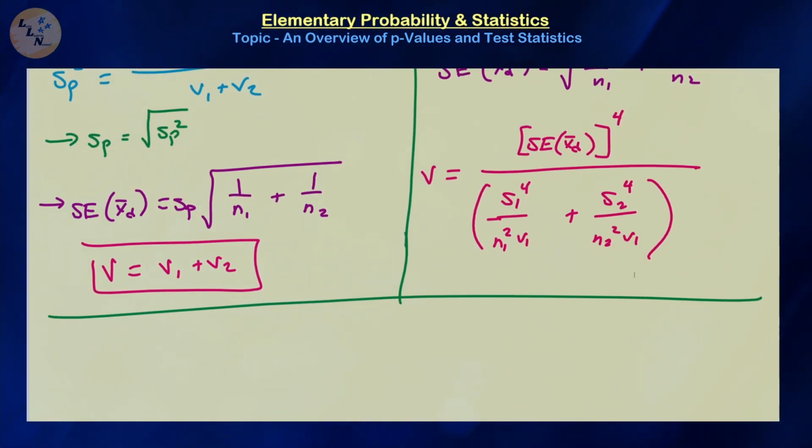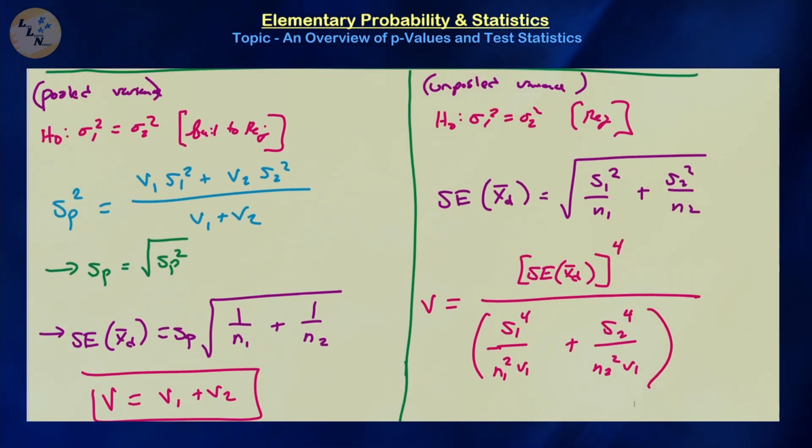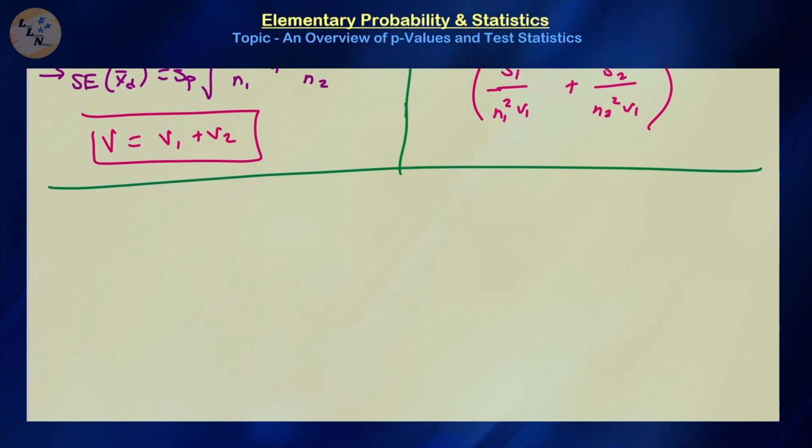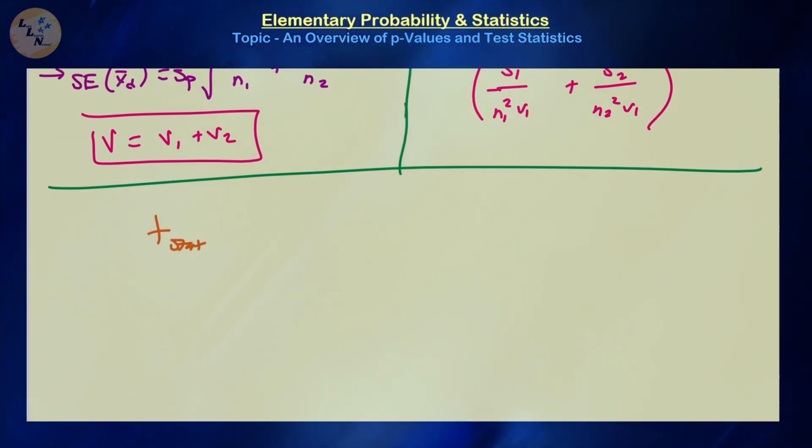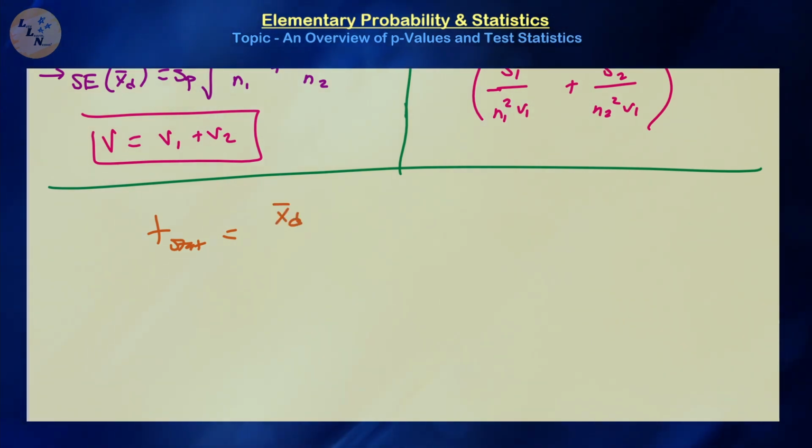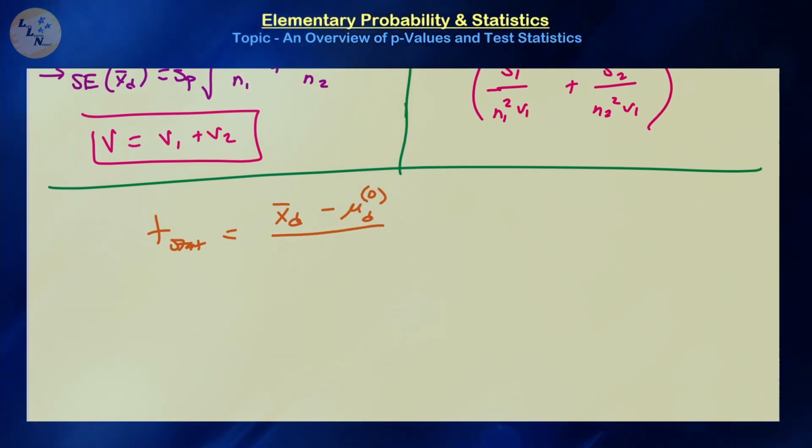So once you have your degrees of freedom for whichever of case 1, case 2, or case 3, and you have calculated the appropriate standard error, then you can calculate your t-test statistic regardless of which world you're in. So that's going to be equal to x bar d, our point estimate for mu d, minus the claim value of the population mean difference, divided by the standard error of the point estimate that you've calculated.